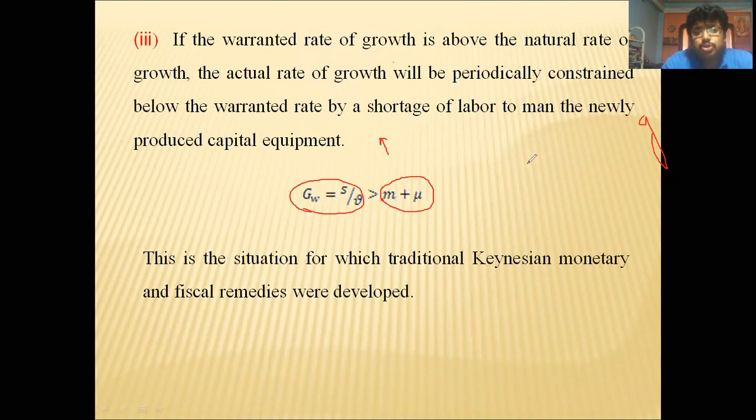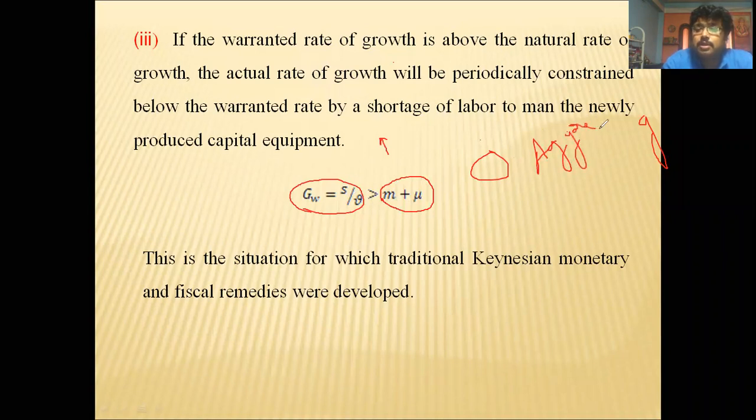So there is a situation where entrepreneurs will not find incentive, and they will reduce their production, and here we can increase the aggregate demand.